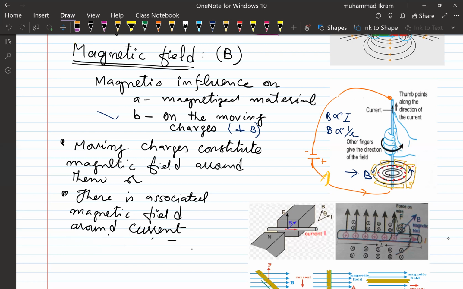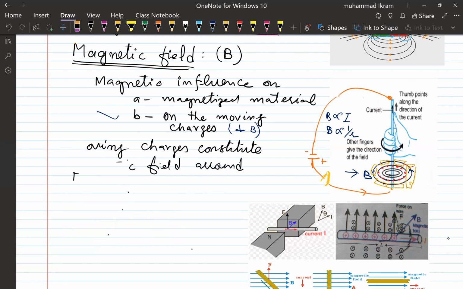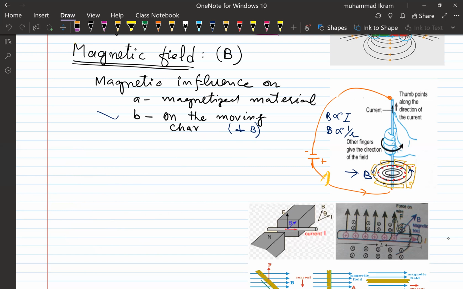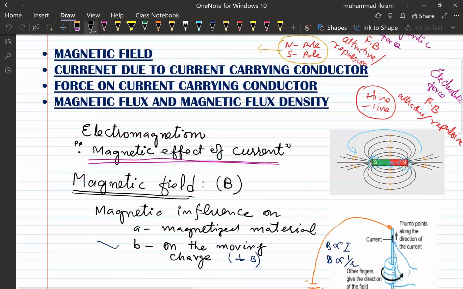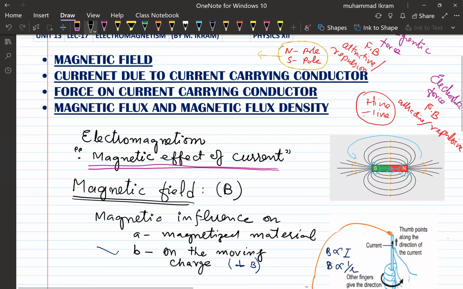Now let us move on to the next topic. Our next topic is the force on the current carrying conductor. I told you the magnetic field due to a current carrying conductor.